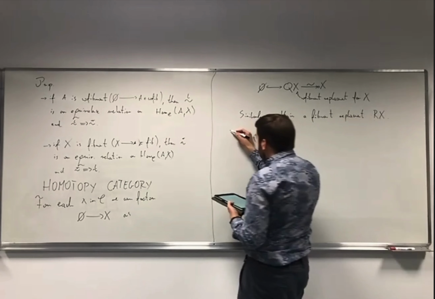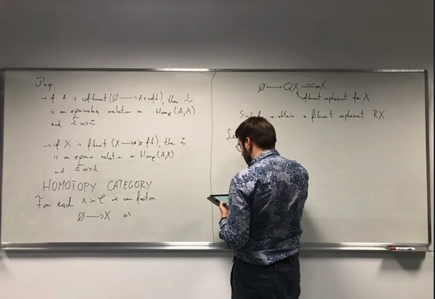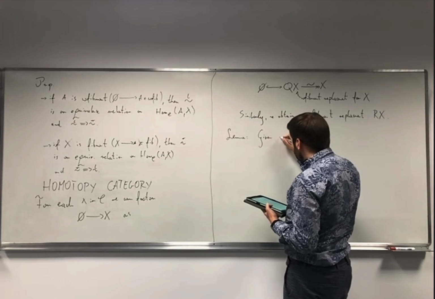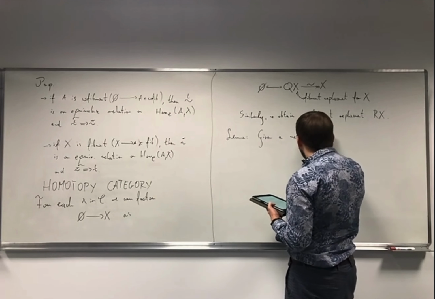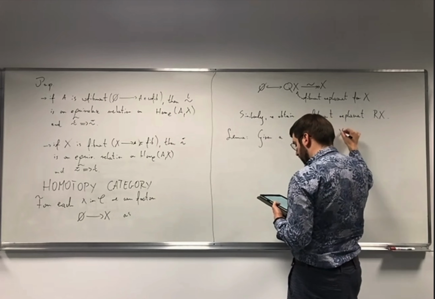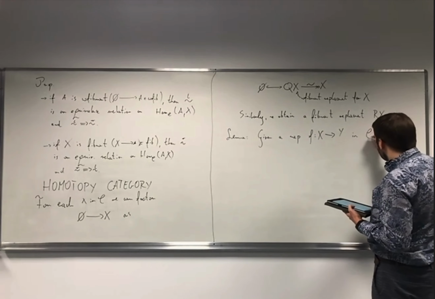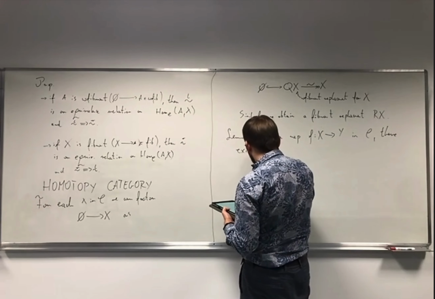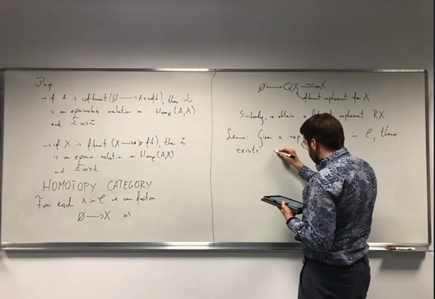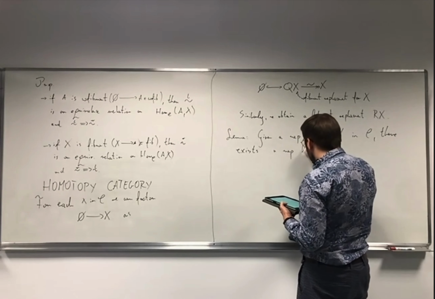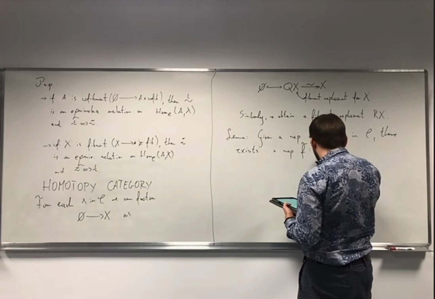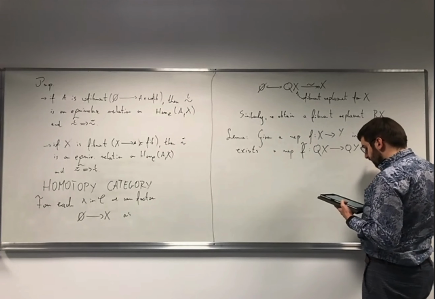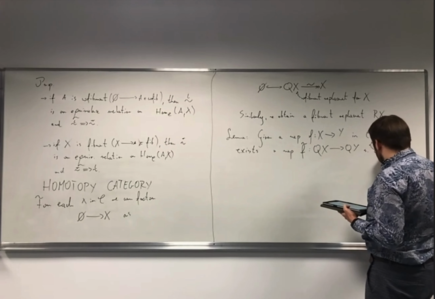So there is a lemma saying that, given a map f from X to Y in C, there exists a map f twiddle from the cofibrant replacement of X to the cofibrant replacement of Y, such that the following diagram commutes.